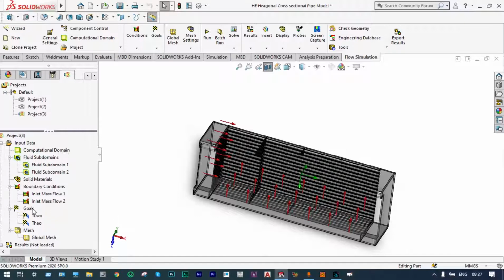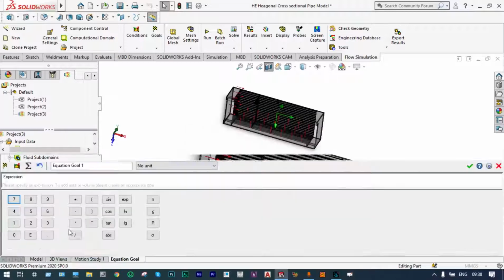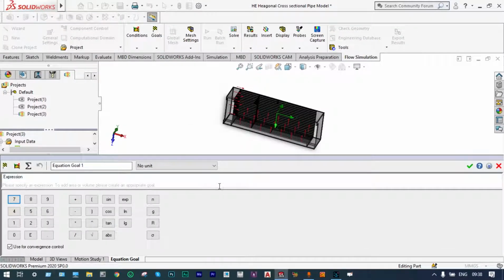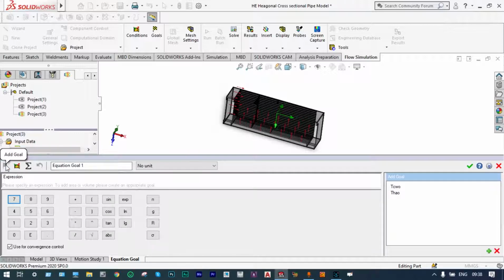Next we have to find the effectiveness, that means LMTD, that will be coming in the form of an equation goal. Let us select that equation goal, and you have to define that LMTD that will come from the previously determined goals itself. So add the goals. If you know the formula of LMTD, it is equal to del T1 minus del T2 divided by ln of del T1 divided by del T2.